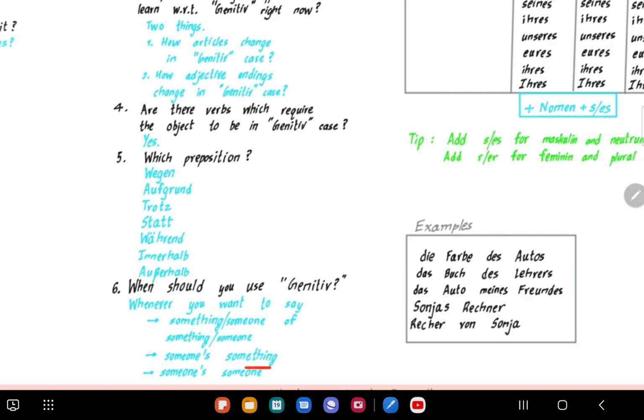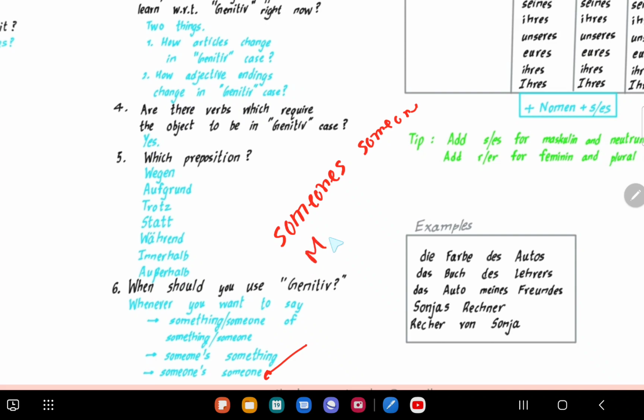Or if you want to say someone's relation, for example the brother of my wife. Whenever you want to say things like that, when it is a person, in German you can just say the name and, instead of an apostrophe, you just write s.